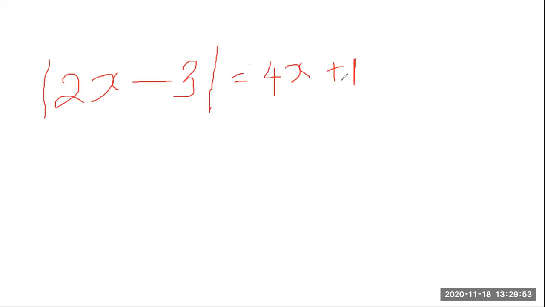How would I go about separating these two? Because you have to have 2 equations and then solve both of them, all right? So how would I go about solving this one?